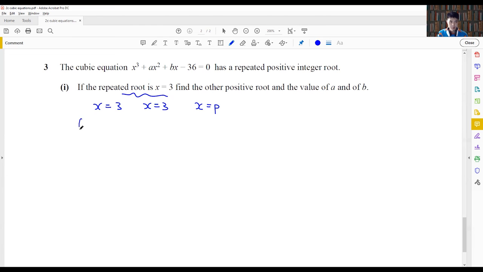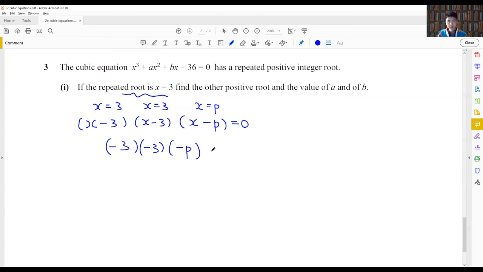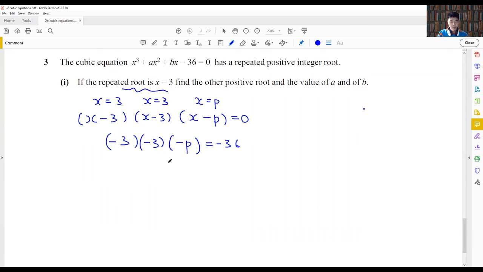From here, write down your brackets: (x - 3)(x - 3)(x - p) = 0. Then multiply the numbers together: -3 multiplied by -3 multiplied by -p is equal to -36. From here, -p would equal -36 divided by 9, which is -4.